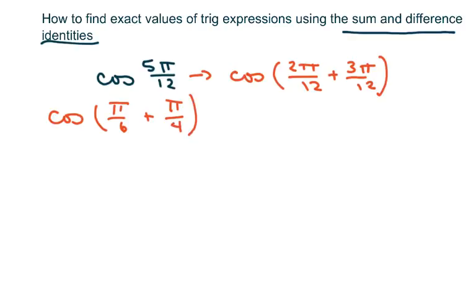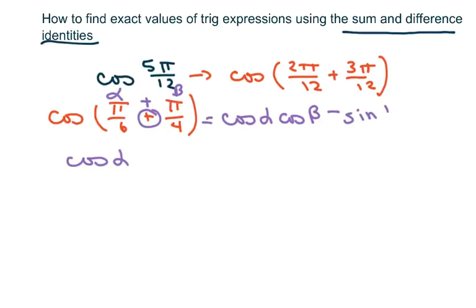I'm going to use my sum and difference identities, with two different angles here, as cosine of alpha. Well, let me just write it out here. Cosine of alpha, cosine of beta, minus, remember the signs change, sine of alpha, sine of beta.